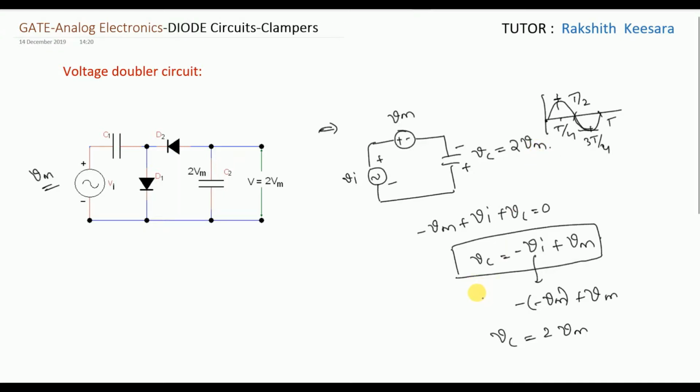After this, the same thing will happen. Since the current direction is this one, if you find the current across the capacitor, it tries to enter in the negative direction. So this diode will also be in the off position after 3T by 4. So now what is the output voltage? It will remain at 2Vm. This is Vm, this is 2Vm. So this is the voltage doubler circuit, guys.